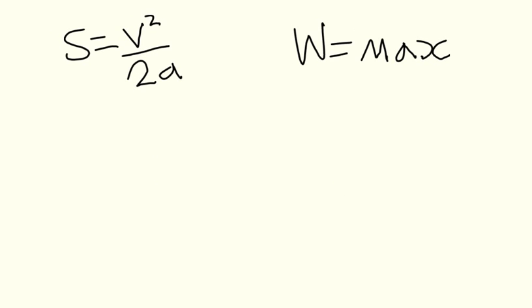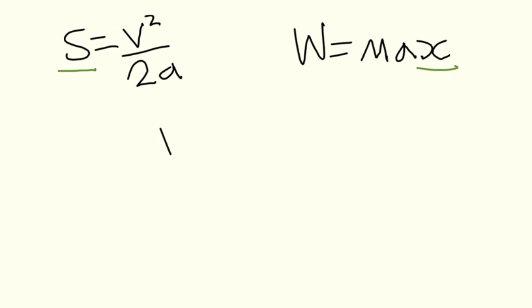So there we go. s equals v squared over 2a, our rearranged suvat. W equals max, the mass times acceleration times the displacement. Now, what's important here is s and x are actually exactly the same things, so we can just substitute one into the other.